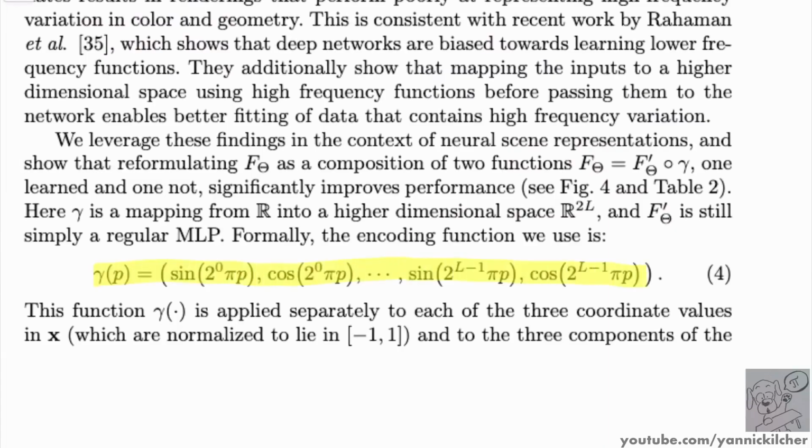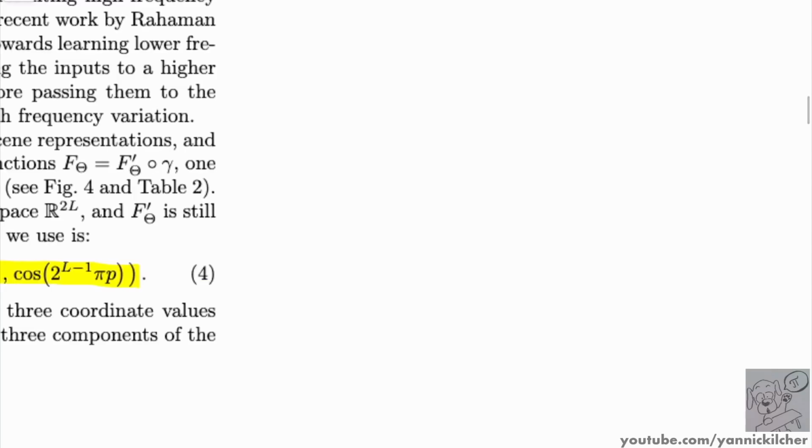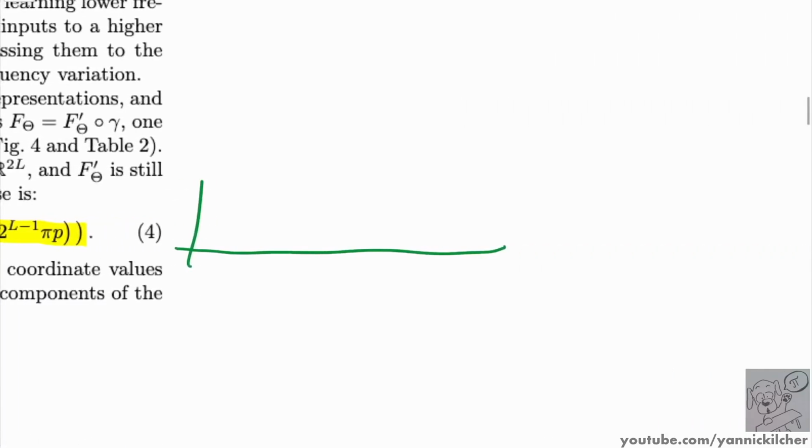In my video on Attention Is All You Need, I explain those in detail, but you construct a hierarchy of sine and cosine waves, but we can just do it with sine waves.